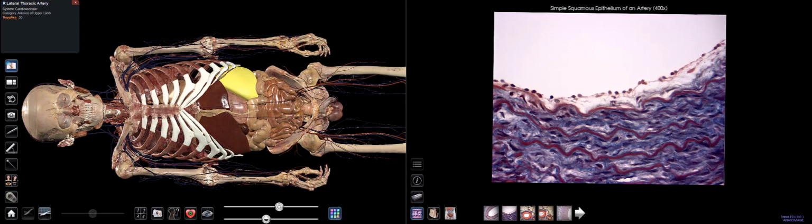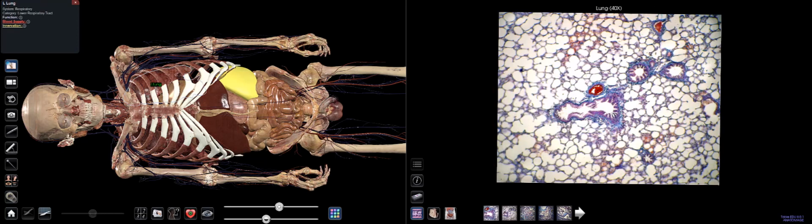All right, if we go up and look at his lungs, that is another type of epithelial cell that lines the air sacs. These are simple squamous epithelial, so one layer, squamous meaning a flattened cell shape.